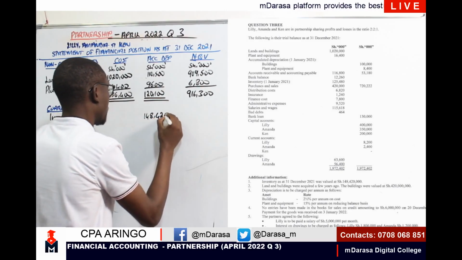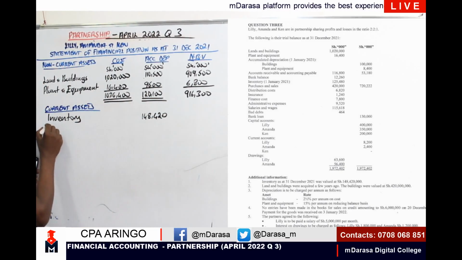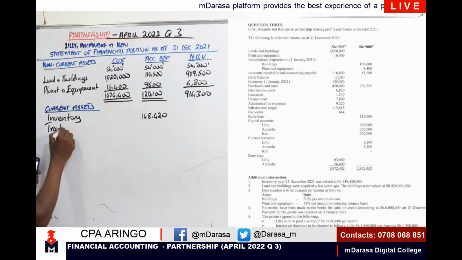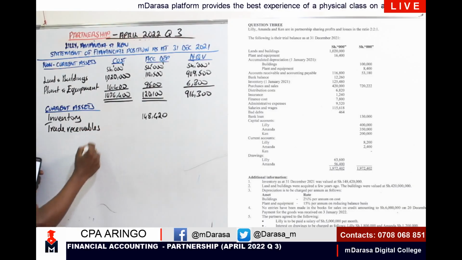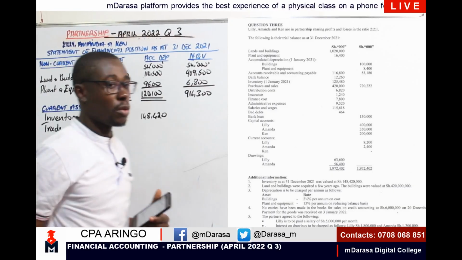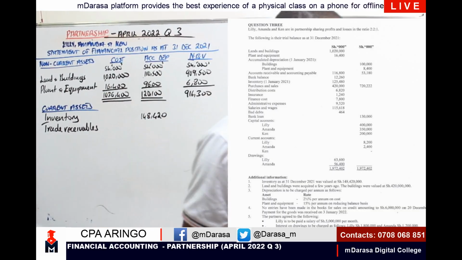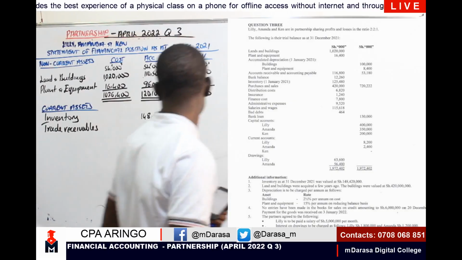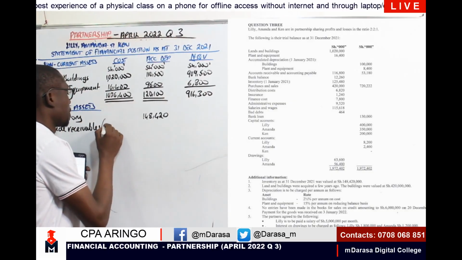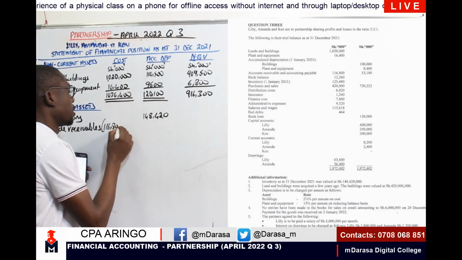Trade receivables. Initially, I was given a figure of how much? In our TB, I was given trade receivables, accounts receivables, 116,800.